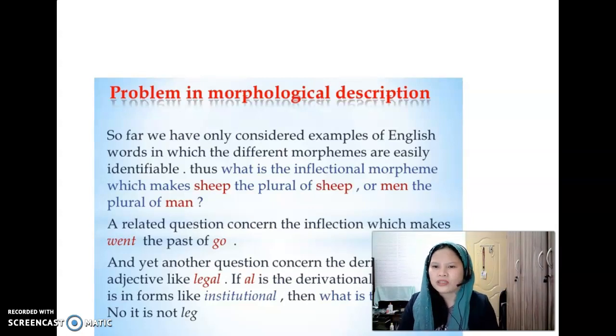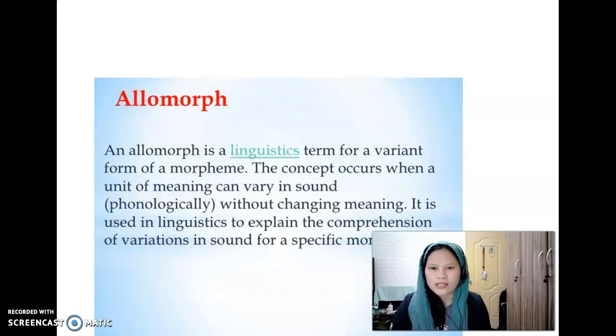Related is the question concerning the inflection which makes went the past of go. And yet another question concerning derivation is an adjective like legal. If al is the derivational suffix, as in forms like institutional, what's the stem? It's not leg, of course, right? So these are the problems that we actually have in morphological study.